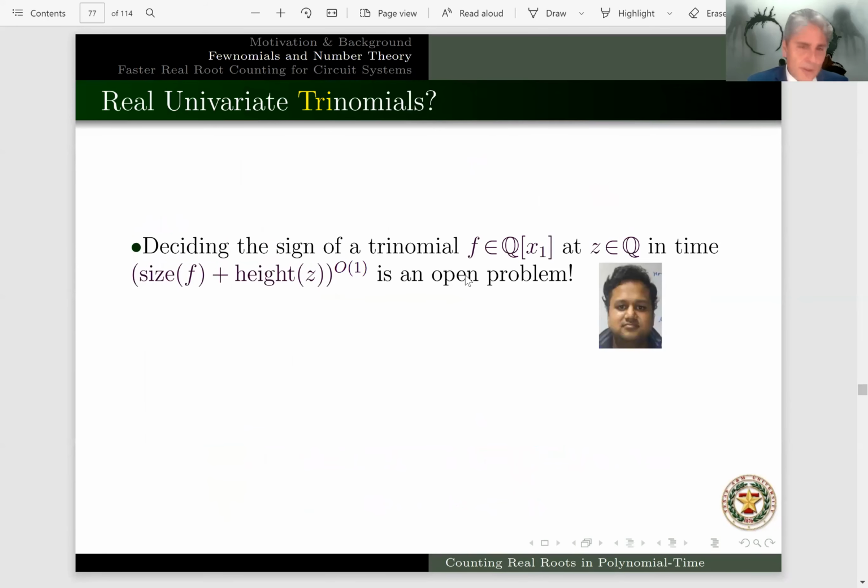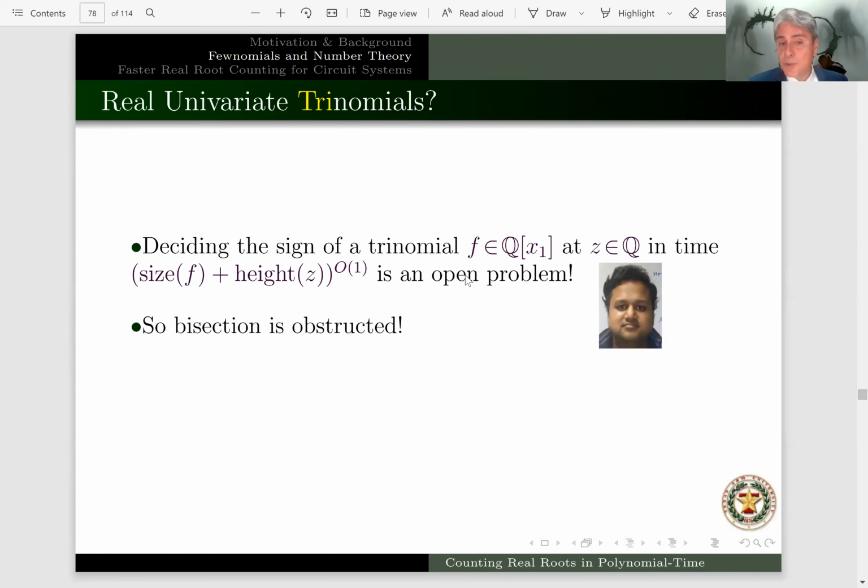All right, so what about real univariate trinomials? I spoke about radicals, I spoke about binomials. It turns out that even deciding the sign of a trinomial in one variable at a rational point, in time polynomial in the size of the polynomial and the height of the rational number, is an open problem. There's been some really interesting work done recently by Jindal, who is in that picture here, but it's still an open problem.